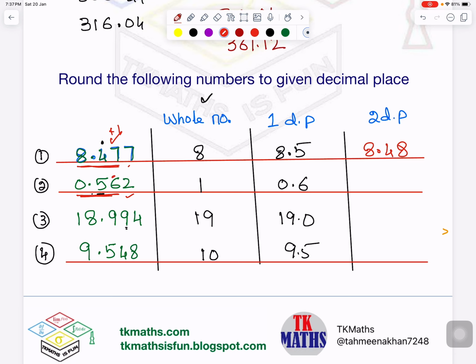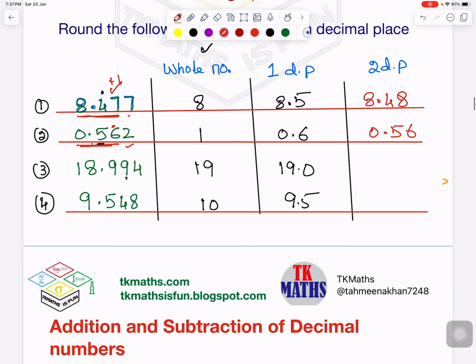So this will not increase, it will remain same. 0.56. Now this one. Okay. So up till 2 decimal place I have to give answer till here. But what is the digit afterward? It's 4. It means this will not increase. It will remain 80.99.